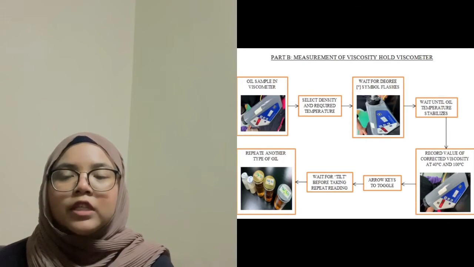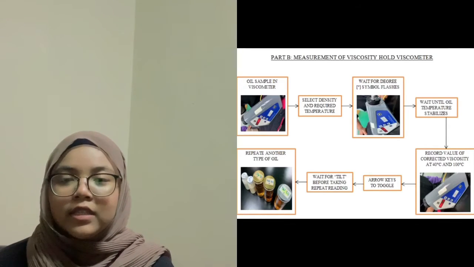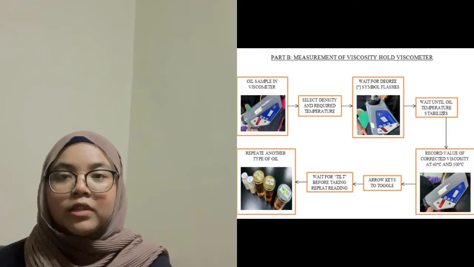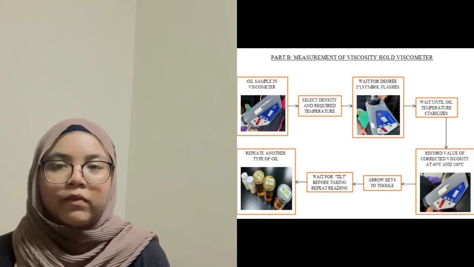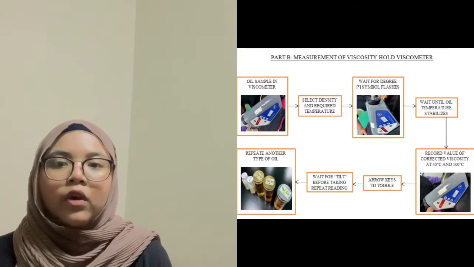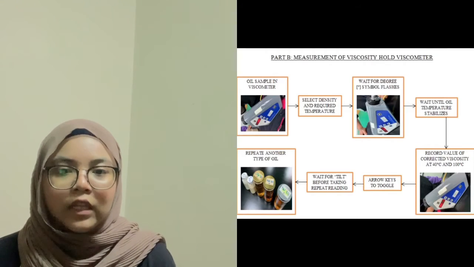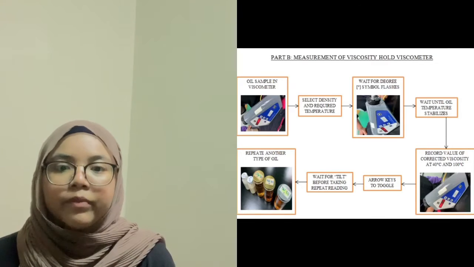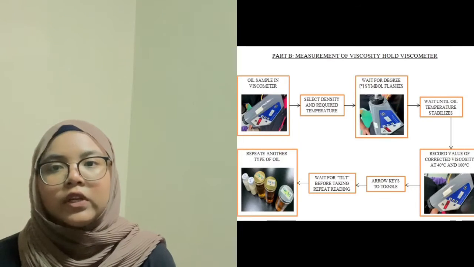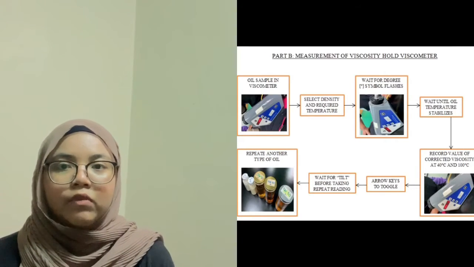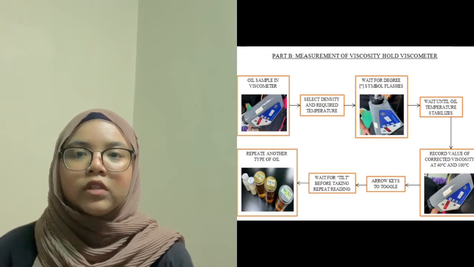The temperature display flashes as the viscometer heats the oil, and the degrees symbol flashes until the oil temperature stabilizes. When the oil temperature is stable, the display will show viscosity at the 40 degrees as selected, and then the value of corrected viscosity at 40 degrees and 100 degrees Celsius will be recorded.